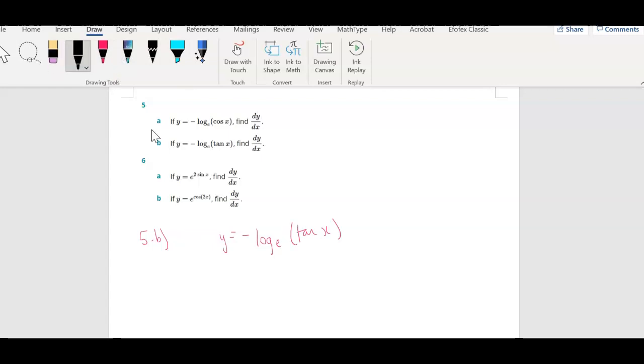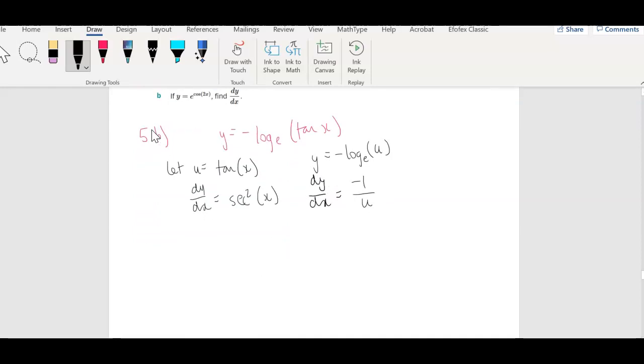Okay, so we're going to let u equal tan x. So that means du dx is equal to sec squared x. And then y is equal to negative log e u. So dy du is equal to negative 1 on u.